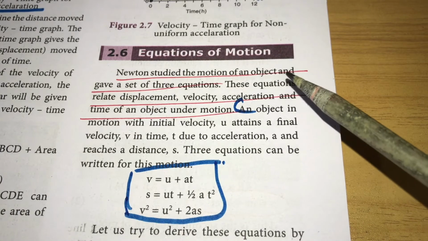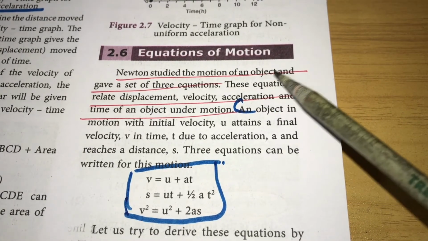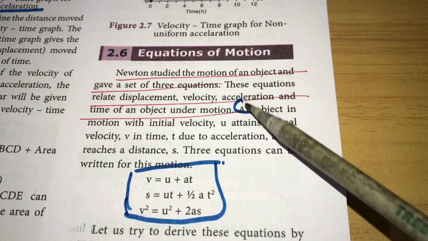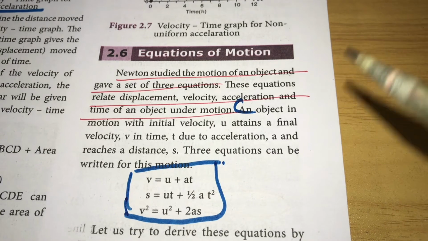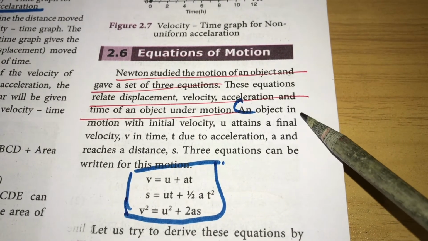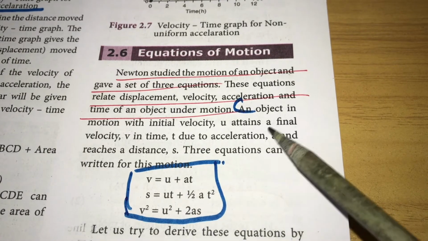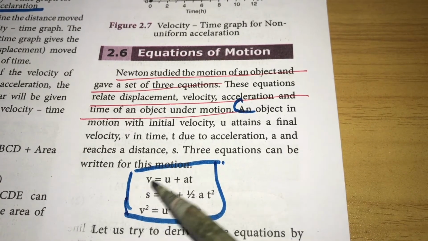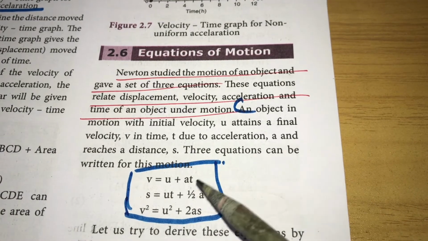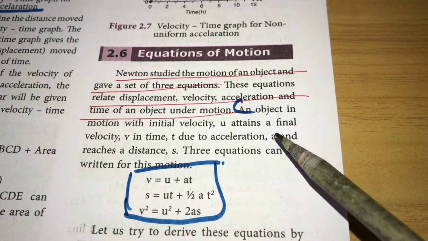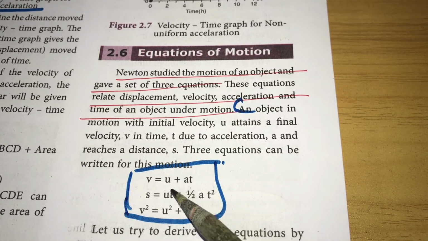Equations of motion. The scientist Newton studied the motion of an object, and he gave a set of 3 equations called equations of motion. An object is moving with an initial velocity u and a final velocity v in a given time t, acceleration is a, and reaches the distance s. 3 equations can be written for this motion.